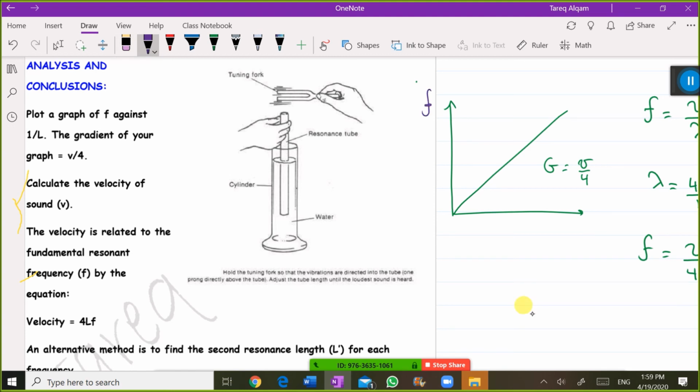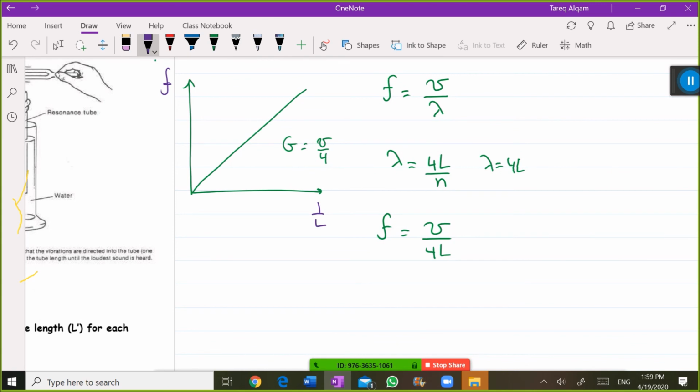Let's see how I will do it now. Please pay attention, guys. I will rewrite this equation as f equals V over 4, times 1 over L. Just rearrange the equation. This one goes along the y-axis. This is why I draw here not L, but 1 over L. So the relation will be linear, y equals mx.